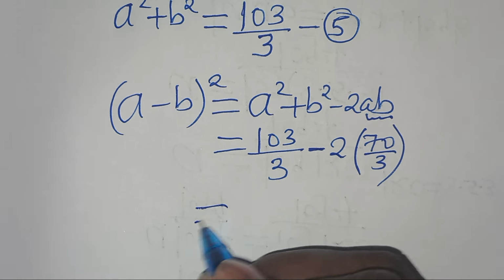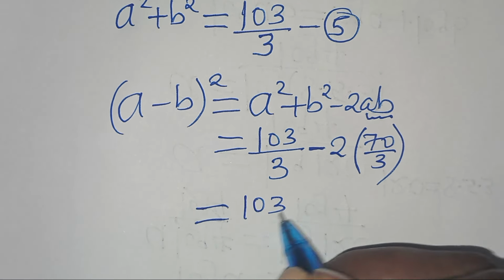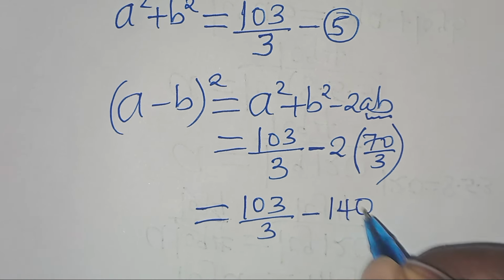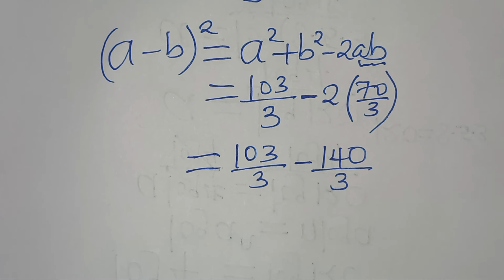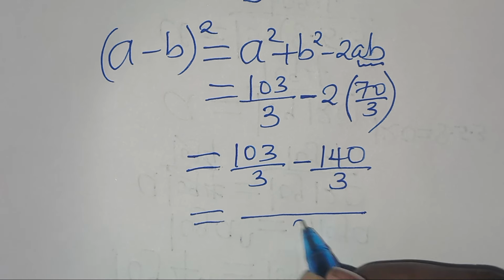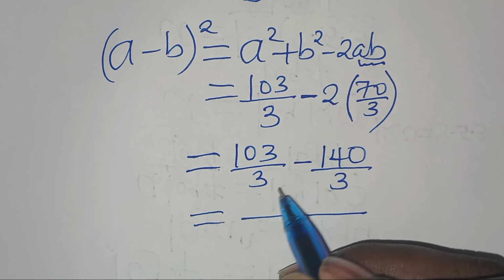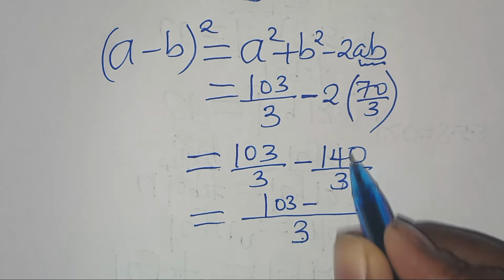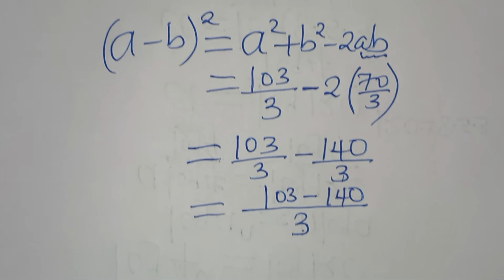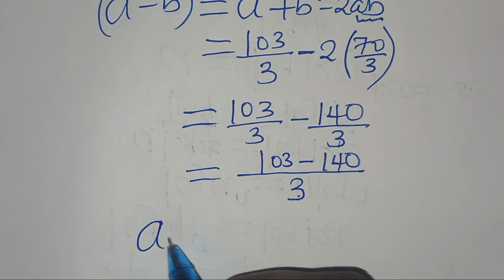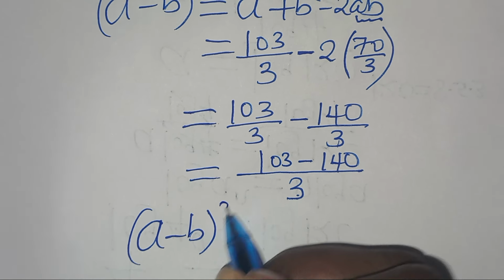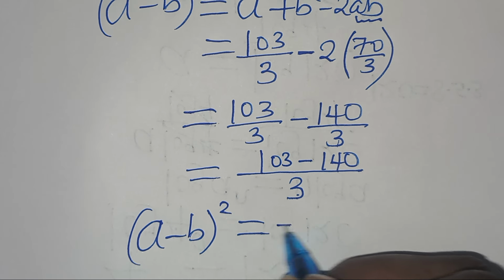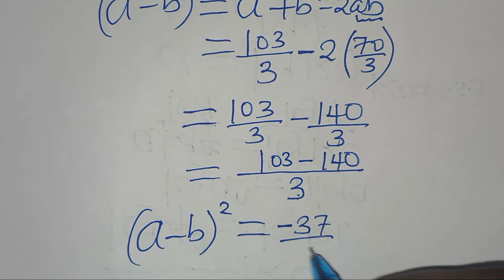So therefore, here we have 103 over 3 minus 70 times 2, which is 140 over 3. So here we have the LCM as 3. 3 divided by 3 is 1 times 103, this is 103. Minus 3 divided by 3 is 1 times 140, this is 140. So we have that (a minus b) to the power of 2 is equal to 103 minus 140. This is minus 37 over 3.